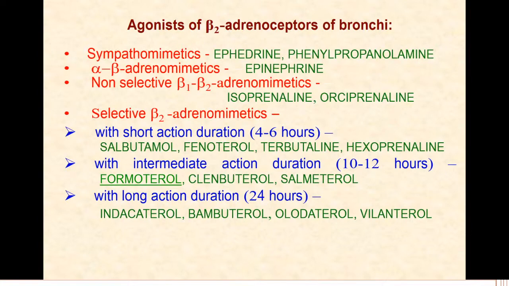That is why nowadays formoterol is one of the most popular agents, because we can use it both to stop an attack of bronchial asthma and for prevention of attacks. The drugs of the first subgroup we also can use both to stop an attack and to prevent attacks, but it's necessary to use them more often. But with formoterol, sometimes 1 time daily or 2 times daily is enough to control the patient's condition.